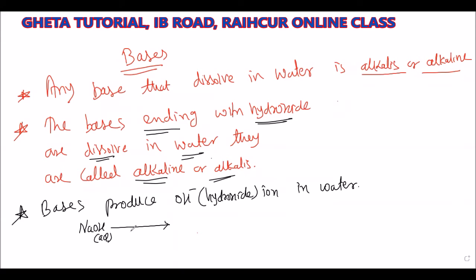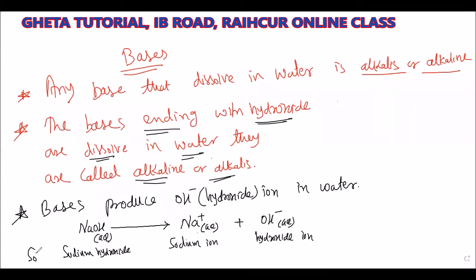Here sodium hydroxide is dissolved in water, so it dissociates to form Na plus (aq) plus OH minus (aq). This is called the hydroxide ion, and this is the sodium ion. NaOH is called a solution of sodium hydroxide.